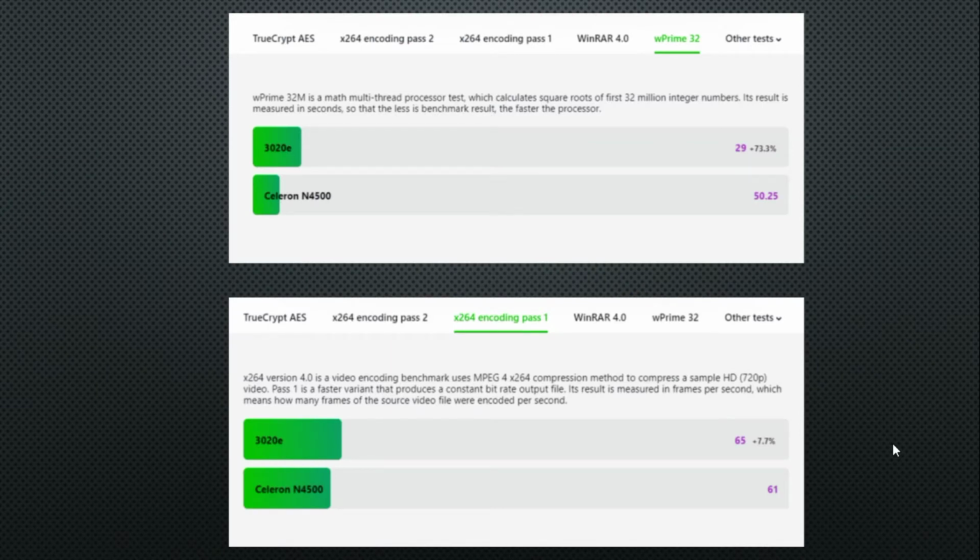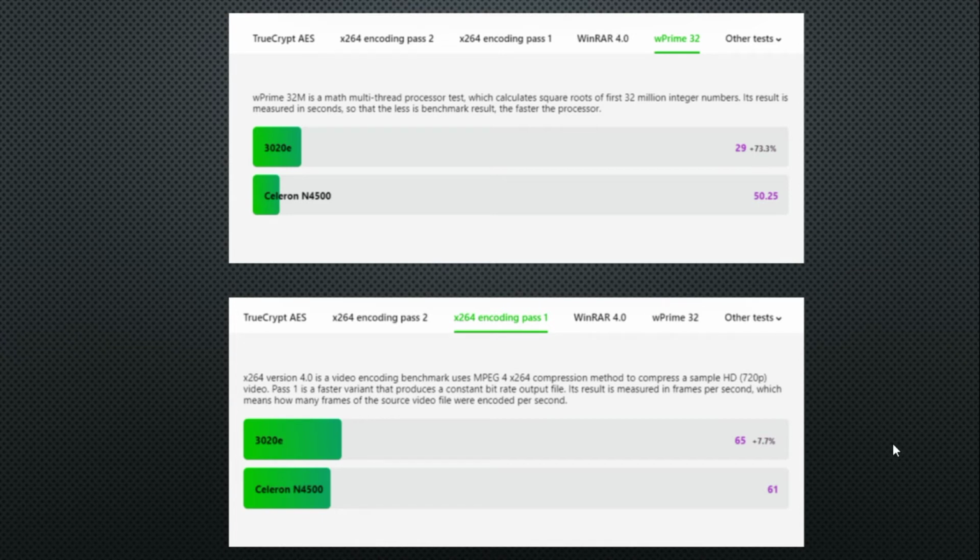For the other data, which I got from Technical City, Vray 32M is a math multi-thread processor test which calculates square roots of 32 million integer numbers. Its result is measured in seconds, so the lower the benchmark result, the faster the processor. In this test, the Celeron N4500 is the faster processor because it has a lower result.